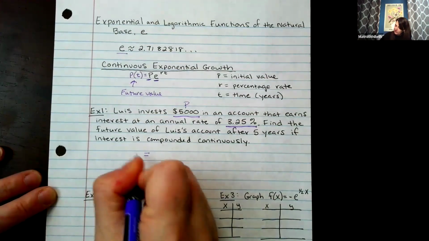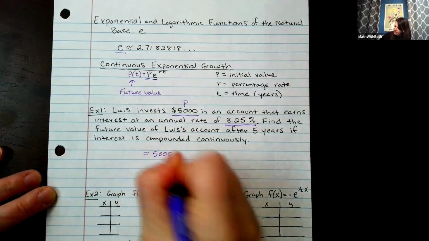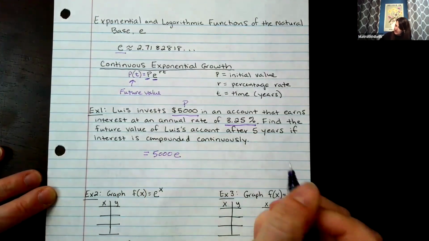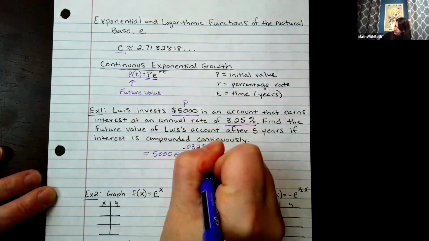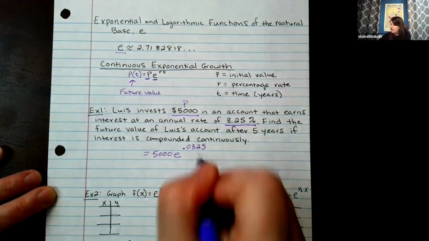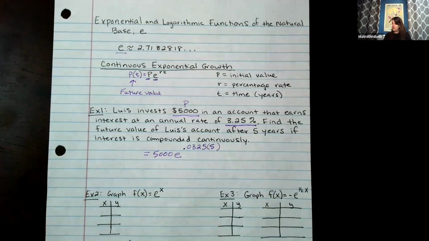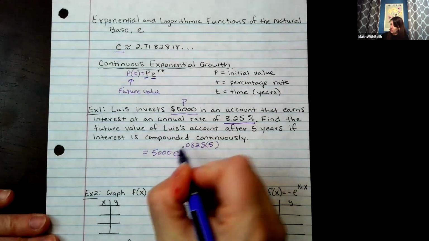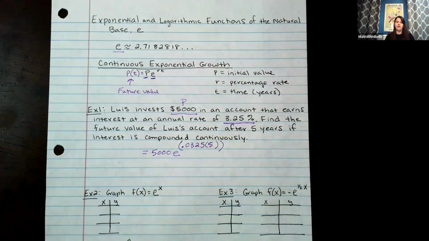So to get the future value, I don't really need to put anything over here, I'm going to do 5,000 times E raised to the 0.0325, because that's the percent changed to a decimal, for 5 years. So I'm going to need to multiply that by 5. You just need to be careful that all of this happens in the right spot.